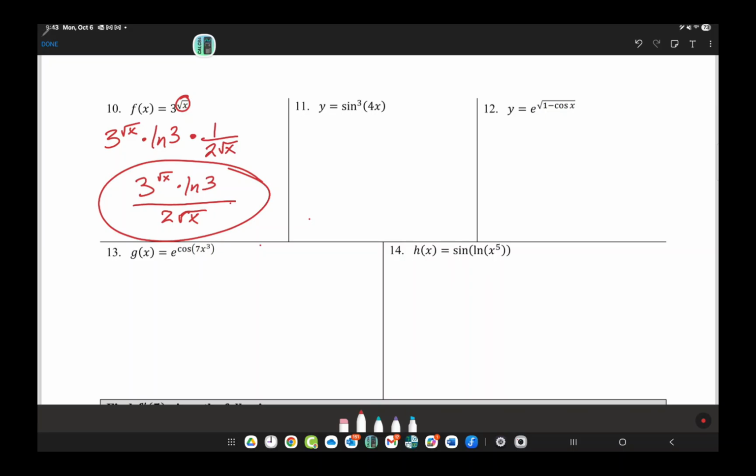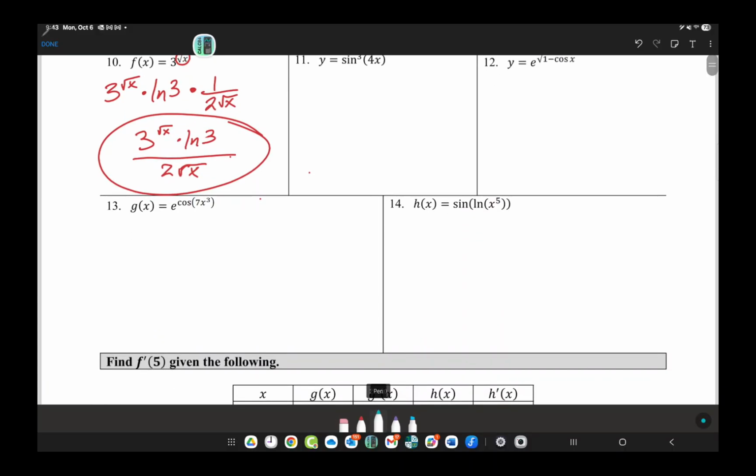You said 10, 13, 25? Okay. Now, for number 13, this has kind of multiple chains. So the derivative of an exponential function with base e is itself. So e to the cosine of 7x cubed times the derivative of the exponent. Now, what's the derivative of cosine?